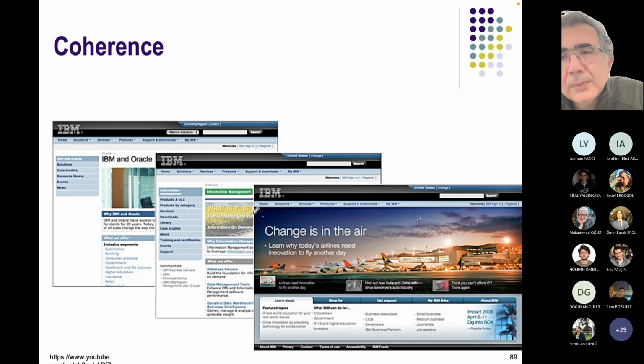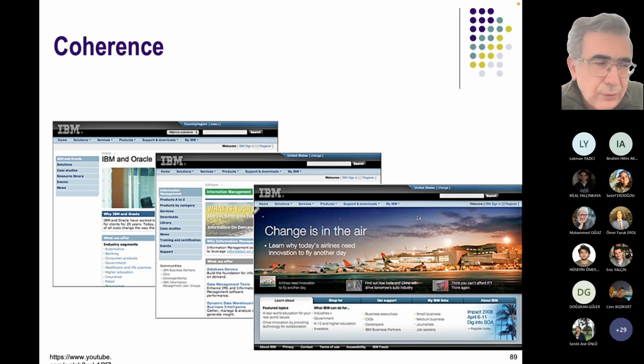Content should be different throughout the company, but also should look similar. That is what we say coherence. Although designs are different, contents are different, same design language should be chosen.